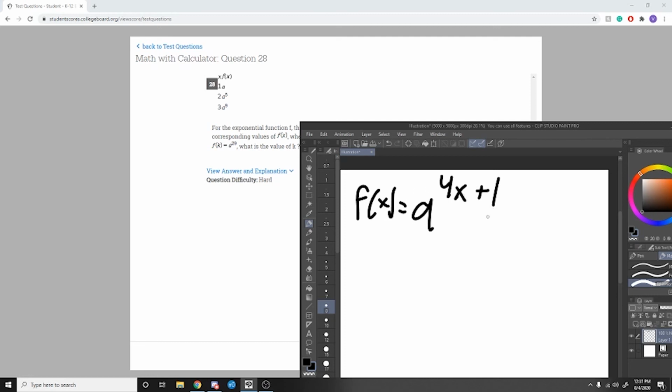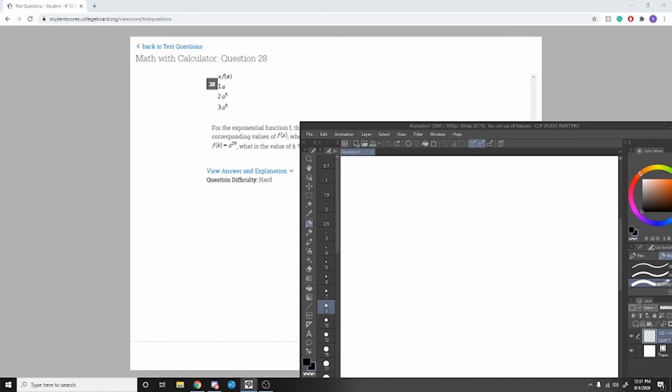Then plus 1. I don't know why my brain is acting stupid right now. Well, it doesn't matter. All you have to know is that they keep on increasing by 4. It's always plus 4.